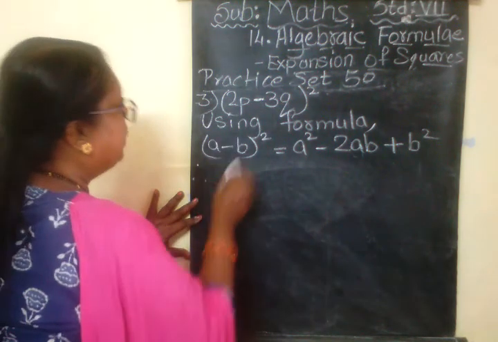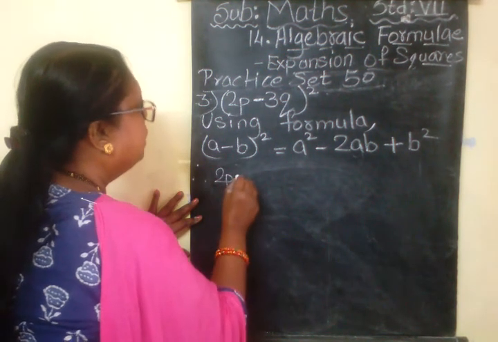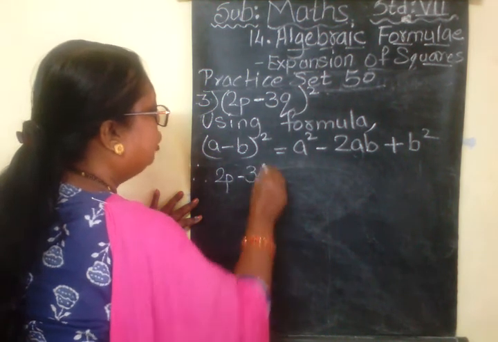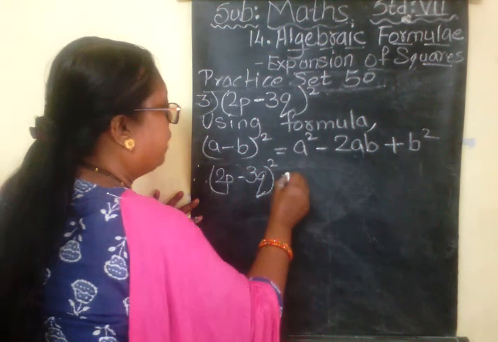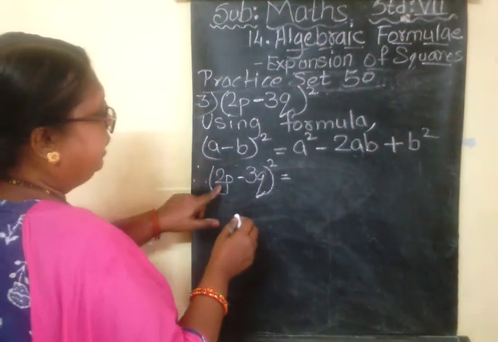Therefore, instead of a and b, we are having 2p minus 3q the whole square. So instead of a we are having 2p.